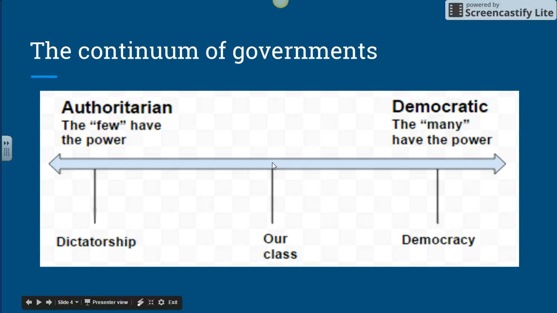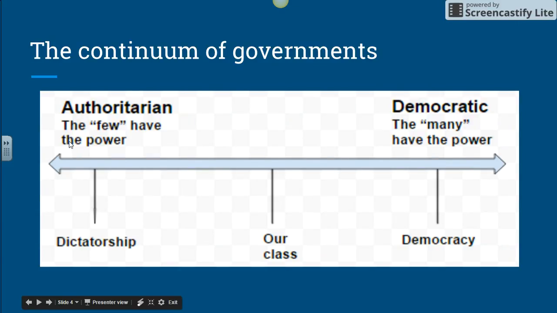Because sometimes the many have the power. Sometimes we vote on things and a lot of people get to choose what we're going to do. And for example, during transition time, you get to choose the activity that you want to do. So sometimes the many have the power. And then sometimes the few have the power.